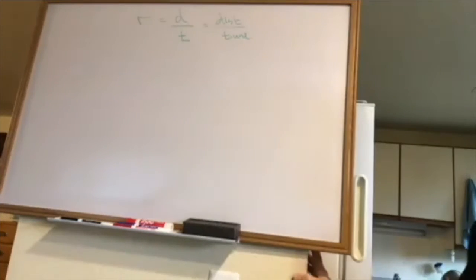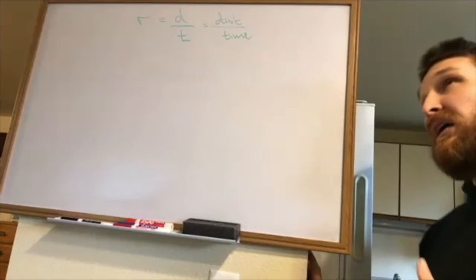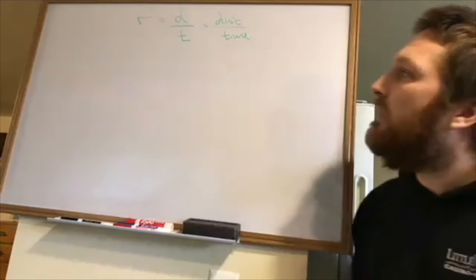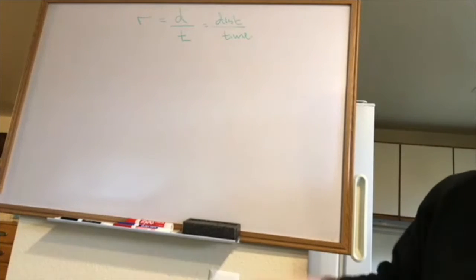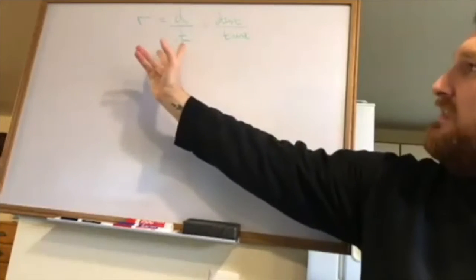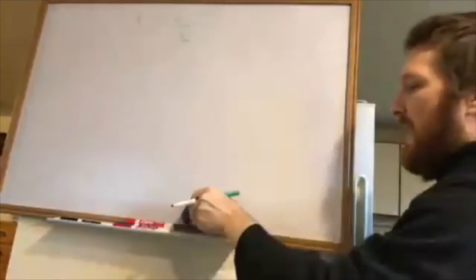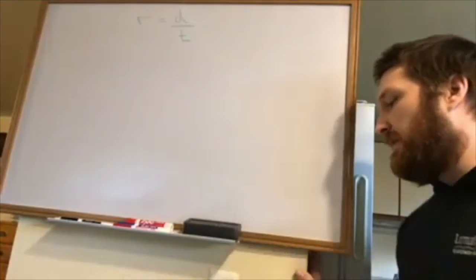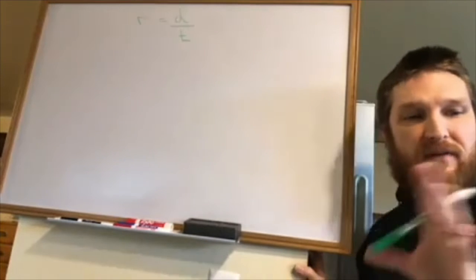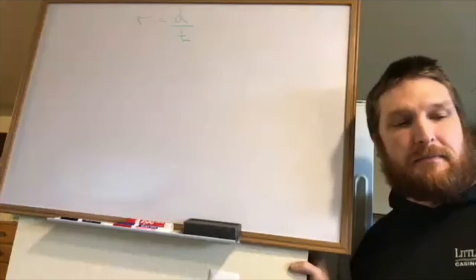It could be miles per hour, kilometers per second, or meters per second, or whatever, right? But that's generally the idea. This equation is basically our governing equation for everything that we do with these types of problems.